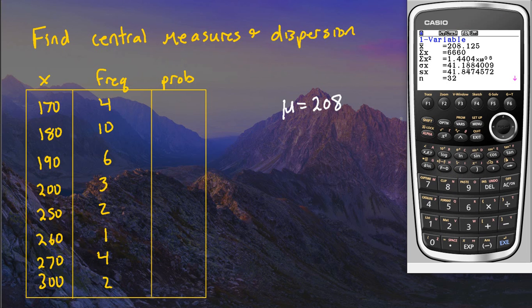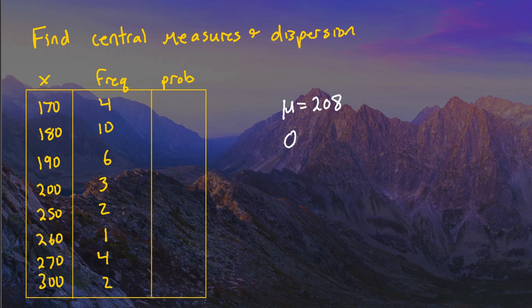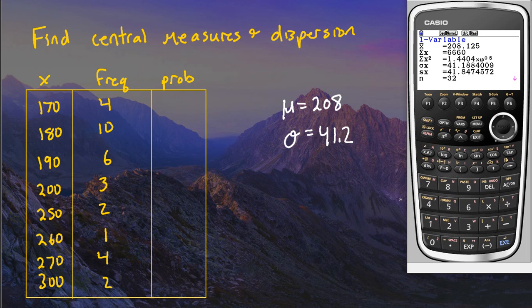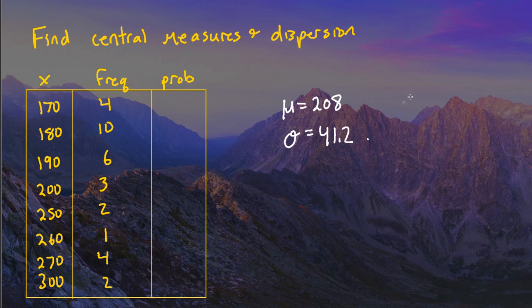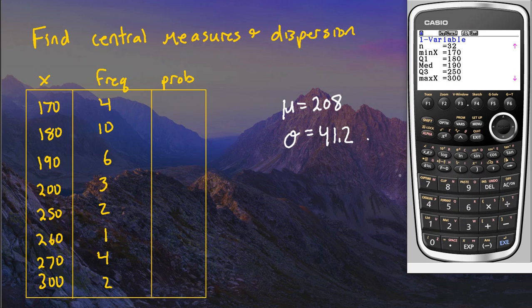Okay, my standard deviation is 41.2. And here's my low. So if I wanted my range, I would do max X minus min X. So that would be 130. Okay, my median is 190.